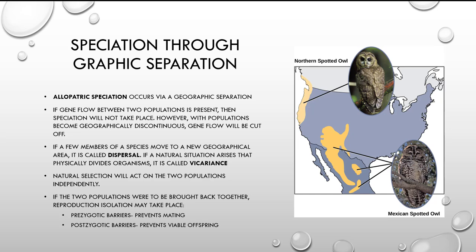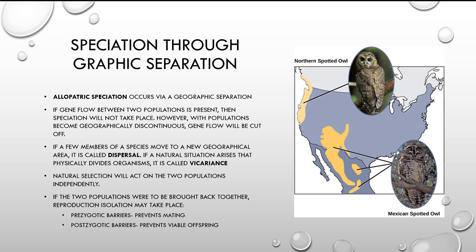Both of these owls look pretty similar to each other. They were actually the same species at one point in time, but now they inhabit two different locations. So you have two different climate zones: the American Southwest is a lot warmer and more desert-like, and the Pacific Northwest is a more temperate environment with a cooler climate.